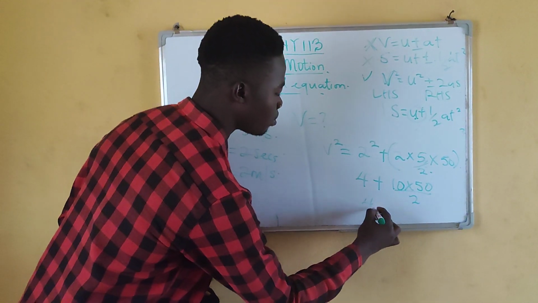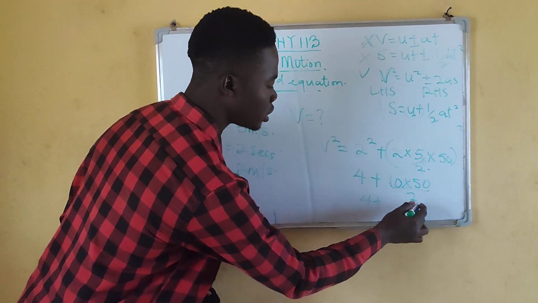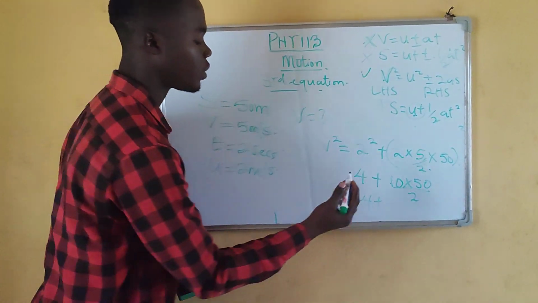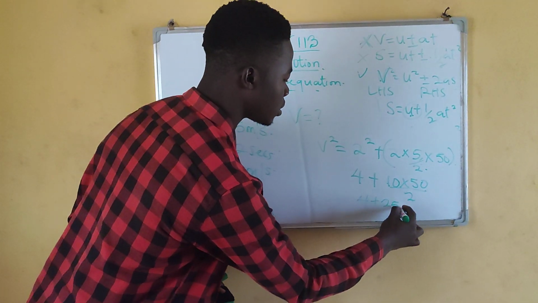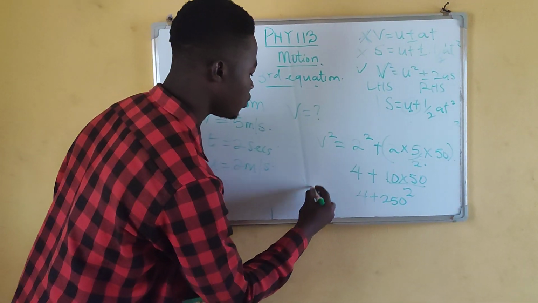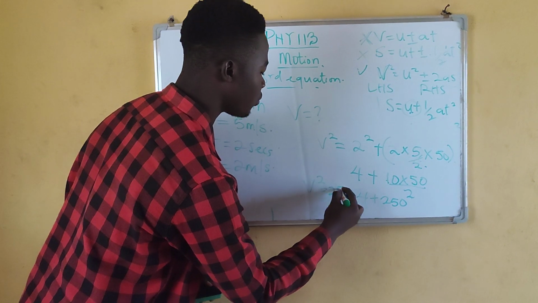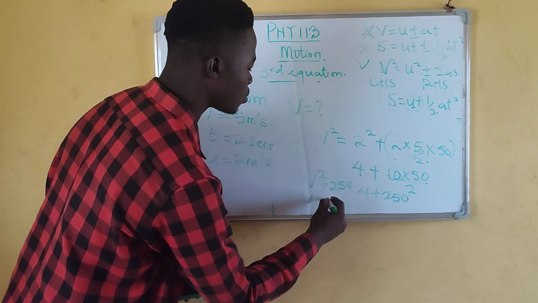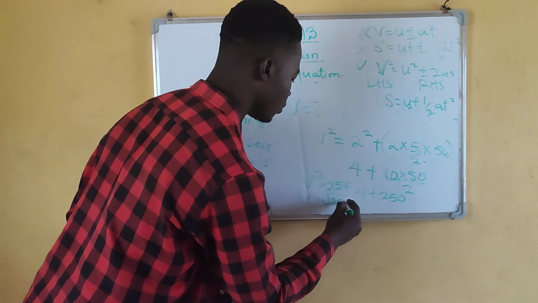So we have 4 plus 500 over 2. 500 over 2 is 250. Then v squared equals 254. v is equal to the square root of 254.